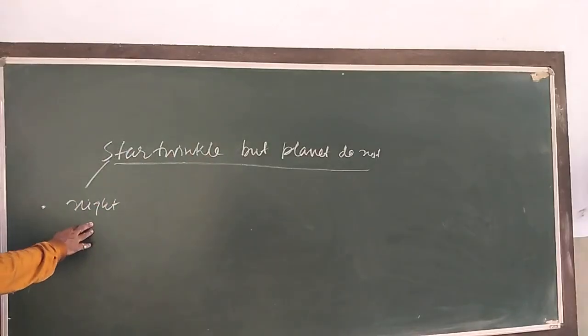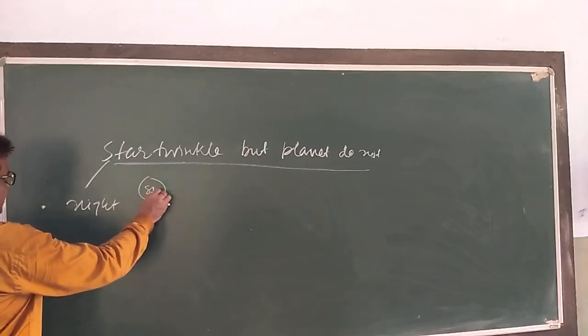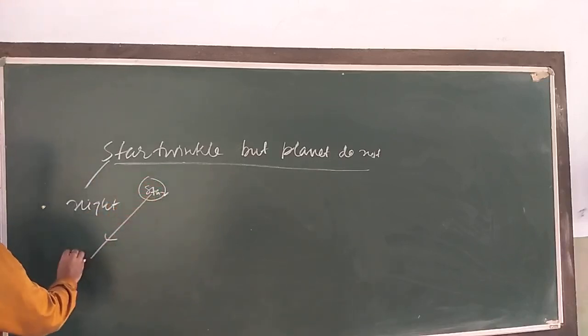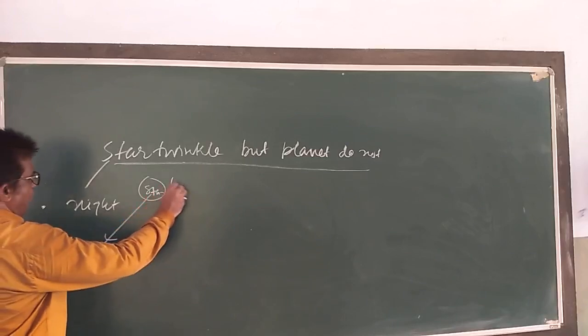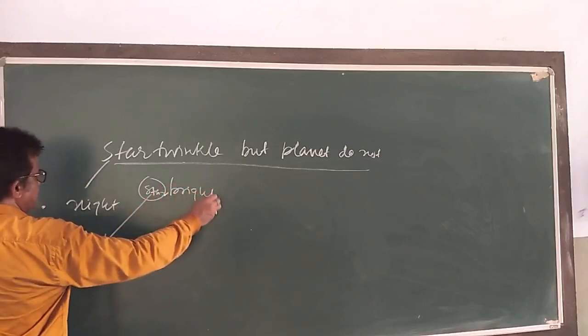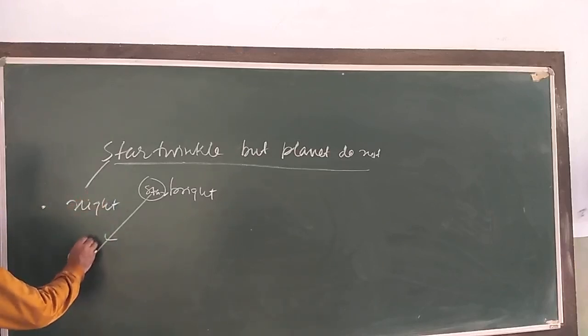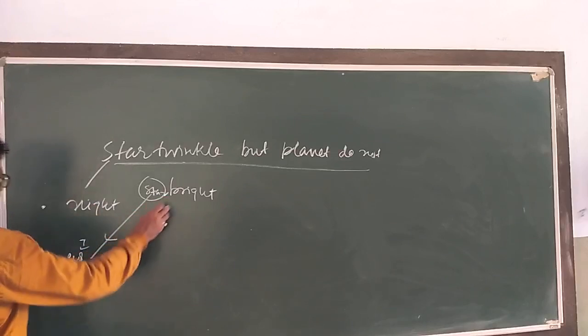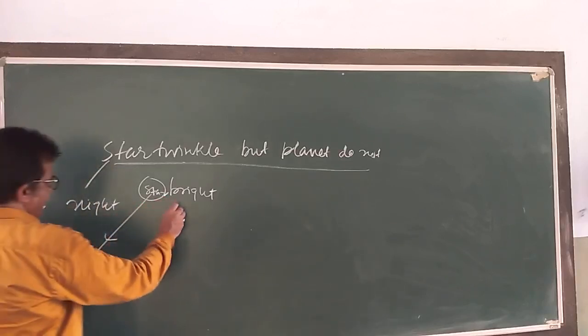Due to atmospheric refraction, when the starlight reaching our eye increases, the star looks bright. When it decreases, the star looks dim.